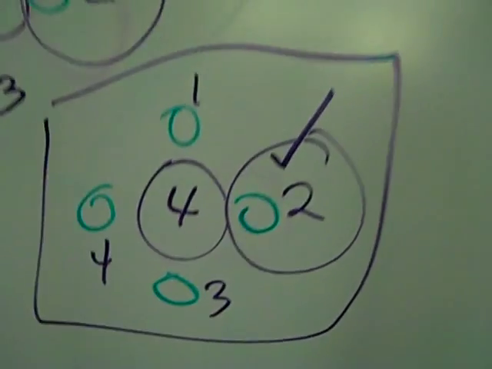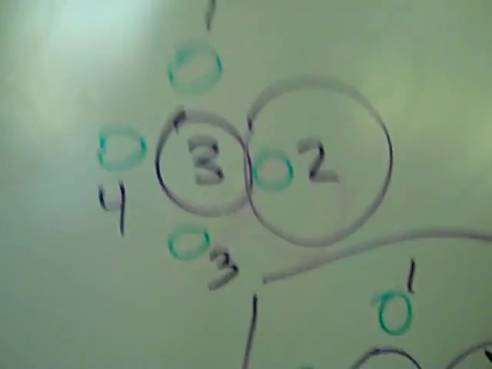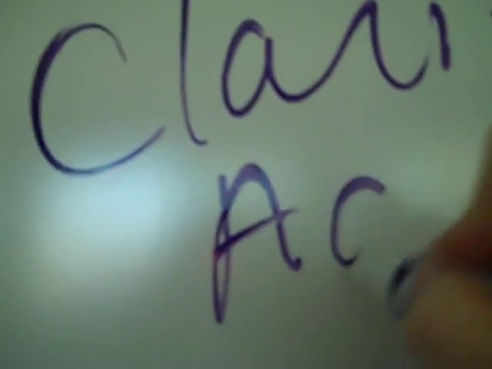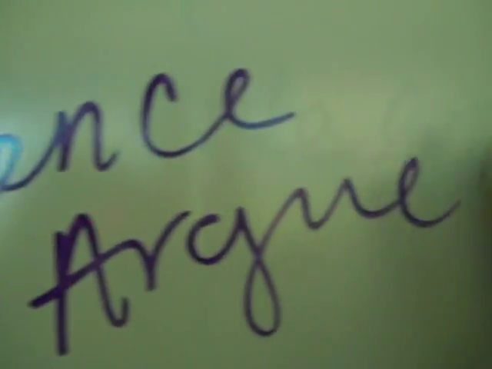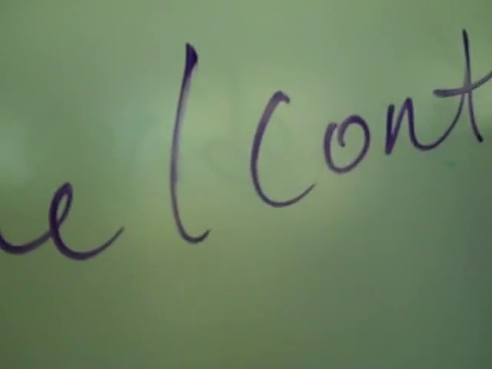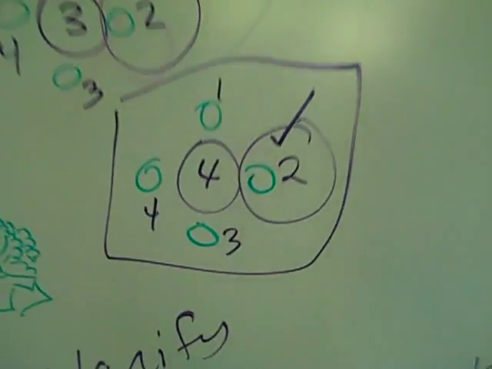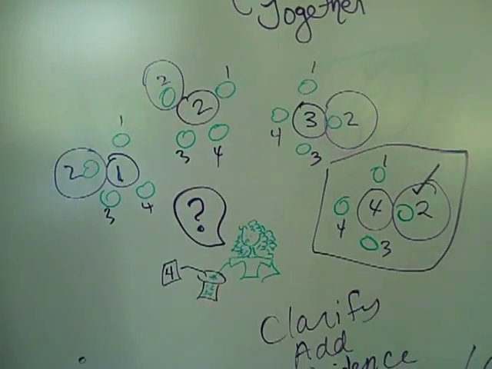So while the chosen number 2 answers, the other 2s are listening because after he responds, their job is going to be to clarify, add, they might provide additional evidence, they could argue or contradict. So just because their table number wasn't drawn doesn't mean that they're off the hook.